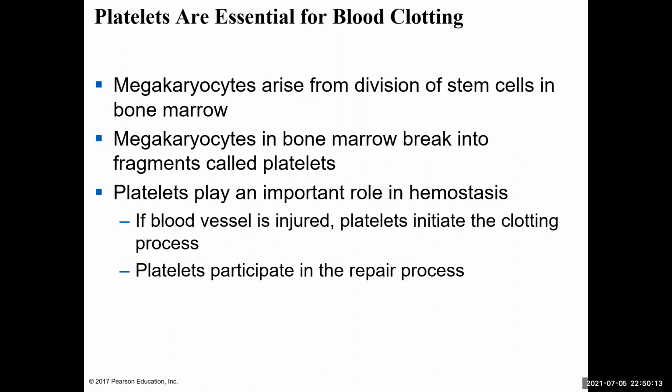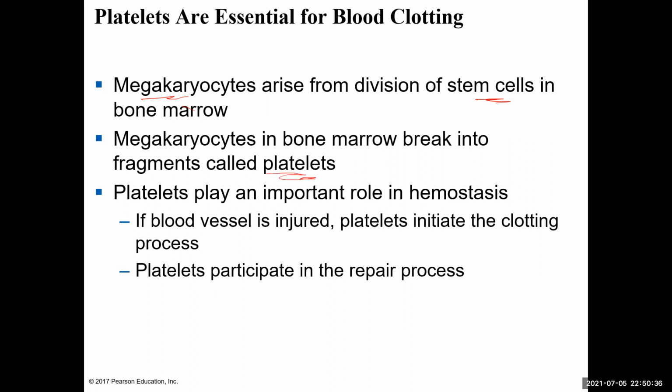All right, and so the last component of blood are the platelets, which, like we mentioned, are really important for blood clotting. You have those megakaryocytes that come from stem cells, and then they break down into fragments, which are the platelets.